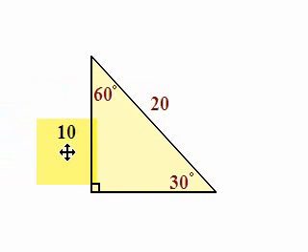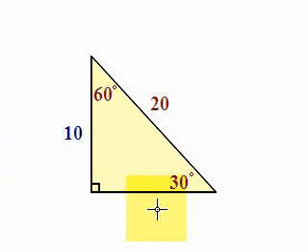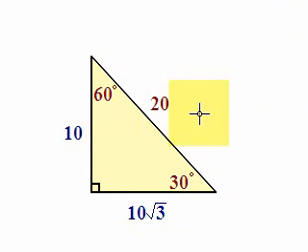So let me pull 10 in. That's got to be that. And you can use the Pythagorean theorem if you want to find this side, but remember, the side opposite to 60 is always the square root of 3 times bigger. And so this triangle is now solved without the use of the Pythagorean theorem. These patterns and this relationship always hold true.